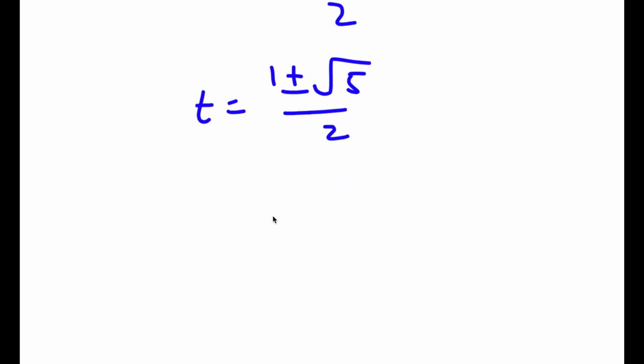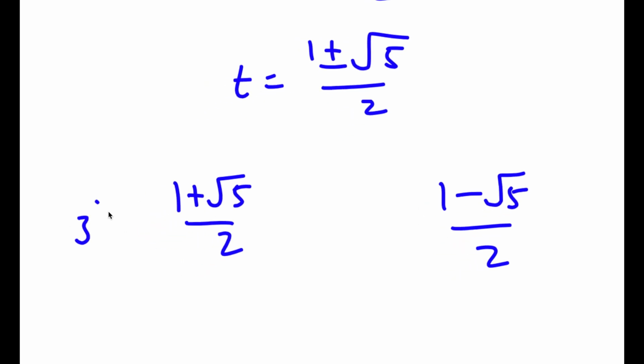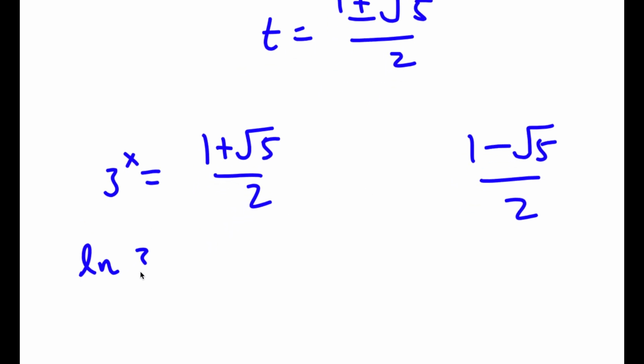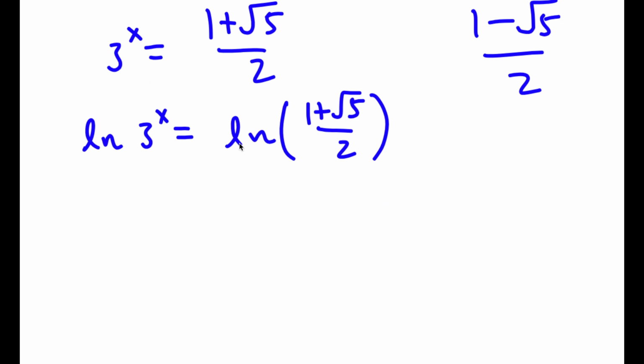So now we come over here to two solutions of t. We have 1 plus the square root of 5 over 2 and 1 minus the square root of 5 over 2. So if 3 to the power of x is equal to 1 plus the square root of 5 over 2, to solve this, I'm going to first take the ln on both sides. So I have ln 3 to the power of x is equal to ln of 1 plus the square root of 5 over 2. And now I can move this to the front.